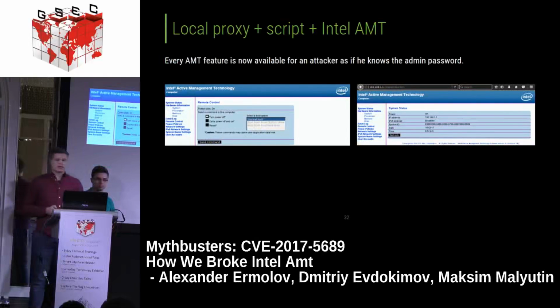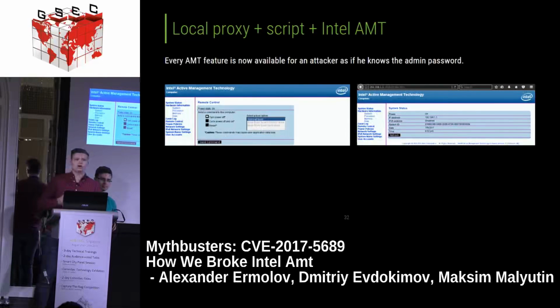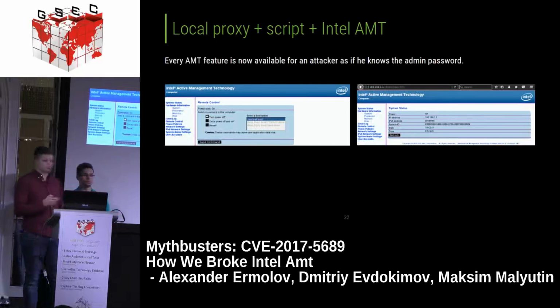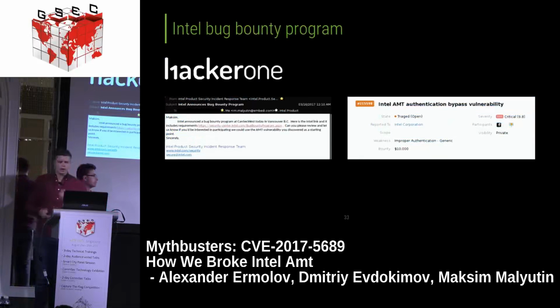So the attacker is now authenticated as a legitimate system admin and has full access to a variety of Intel AMT controls. He can do absolutely everything without knowledge of the password. We checked the vulnerability on other Intel AMT versions from old to new ones.